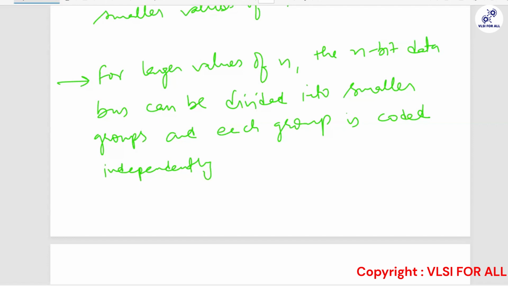The basic idea is that we can observe that a large number of transitions in the clock are unnecessary. Let's say the data is not changing for 100 cycles, but the transitions of the clock will still be ongoing.